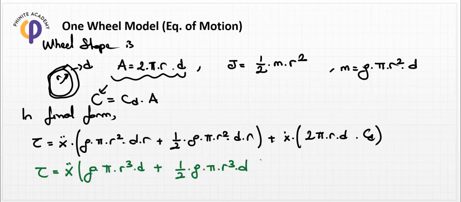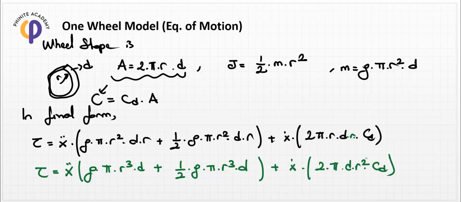Okay, and what about the second term of these things, x dot times 2 times pi times D R square, because A comes from here, and so we need to multiply the equation by R, in order to convert this force value into the torque, and so we need to also add the CD value as a drag force coefficient.